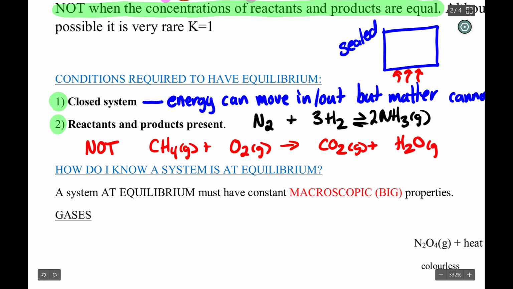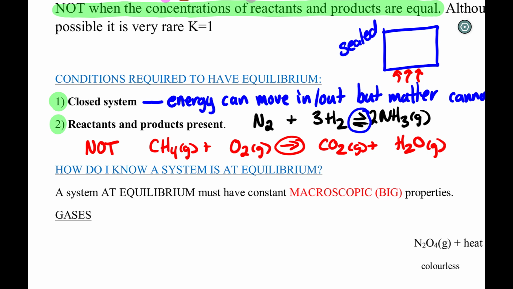If that was true, we would have no energy crisis. We would still have a global warming crisis. So this is not in equilibrium. It has a single arrow forward, whereas this is in equilibrium, and it means you have both reactants and products present. So that's it for conditions.